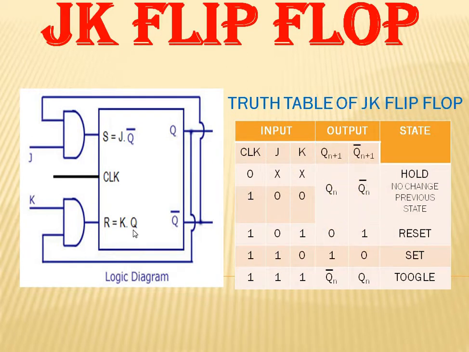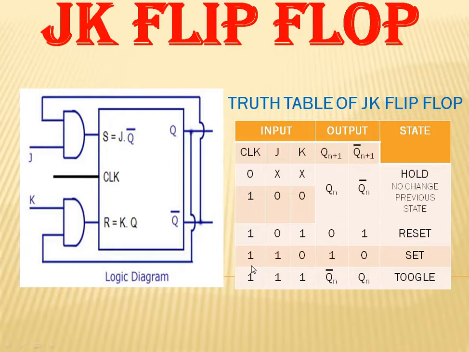The truth table of the JK flip-flop is: when clock is 0, J and K are don't care, and it enters into hold state. Similarly, when clock is 1 and J and K are 0, it enters into hold state. When clock is applied, J is 0, K is 1 is a reset state.